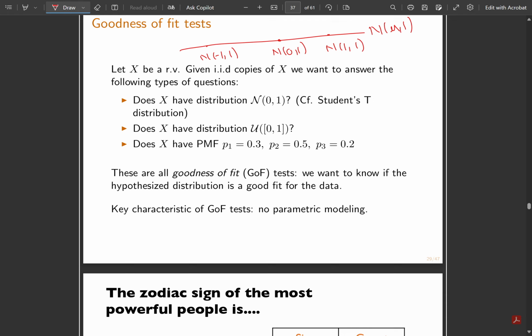N(mu,1) is entirely dictated by mu. And when we are doing parametric hypothesis testing, we are asking whether the mean of the distribution is 0, or it is something entirely different along this line.